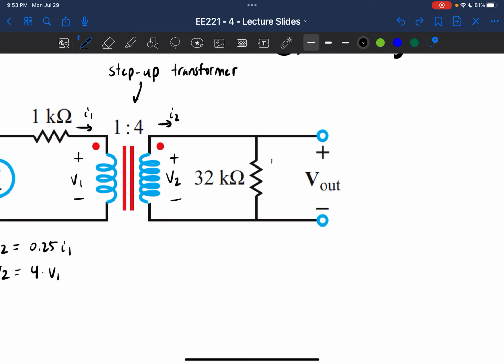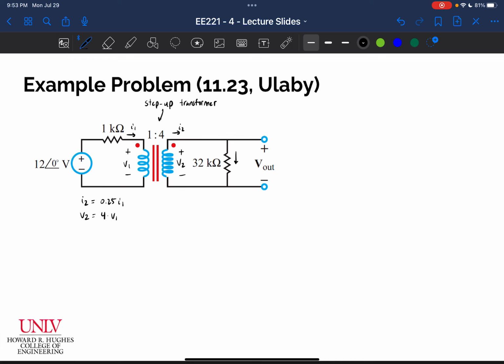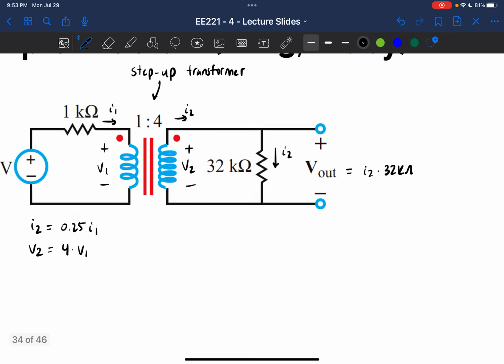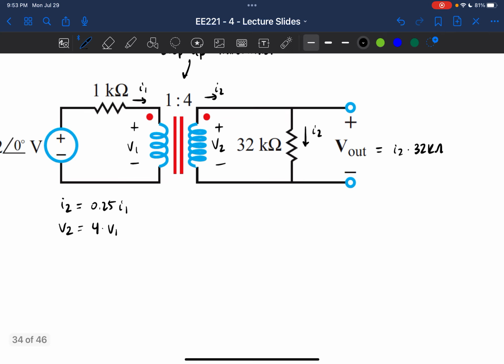So let's write an equation here for V out, because this problem basically asks us to find V out. We know that this current is I2, so we can write that V out is equal to I2 times 32 kilo ohms. It's just the voltage dropped across that 32 kilo ohms.